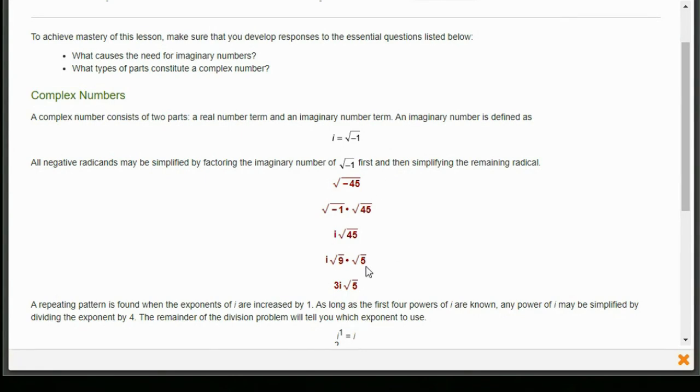And then it talks about simplifying. If you have the square root of -45, you separate it to -1 times 45 so that you can change this to i, because that's what i equals, square root of -1. And then you simplify the square root of 45. So you end up with 3i square root of 5.